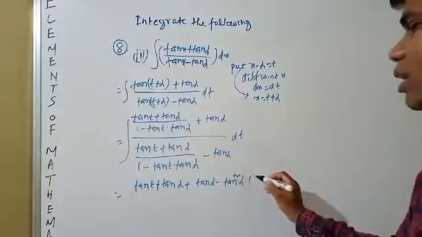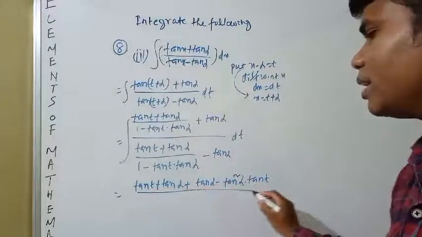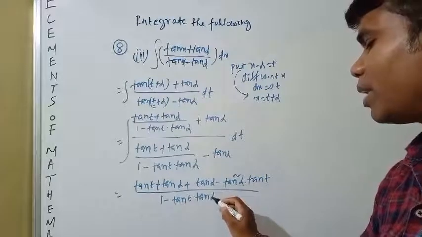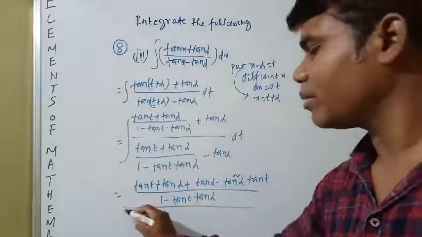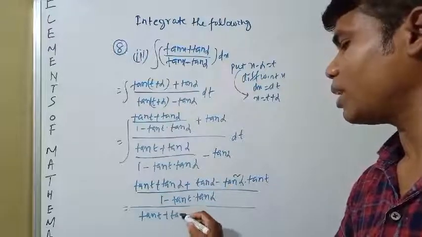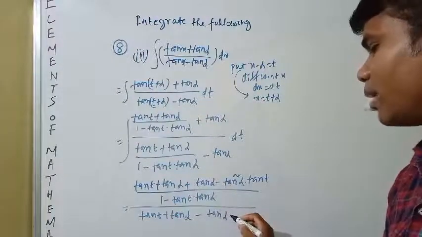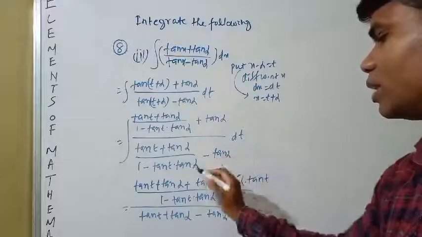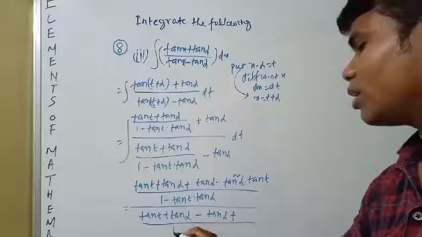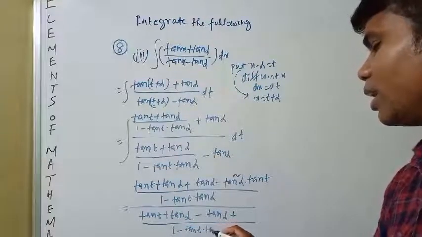Here you see this is tan t plus tan alpha, and minus tan alpha; the LCM is 1 minus tan t tan alpha.